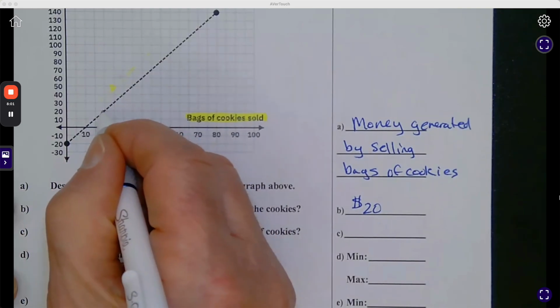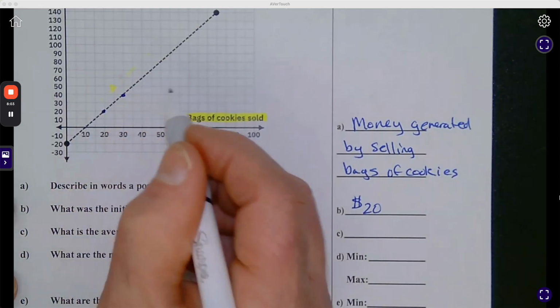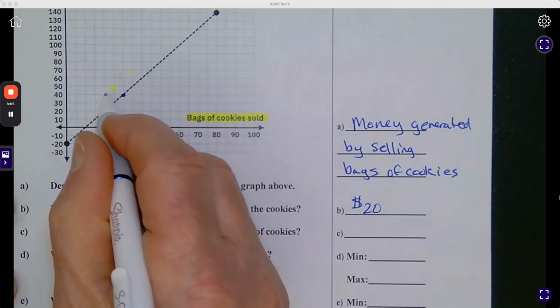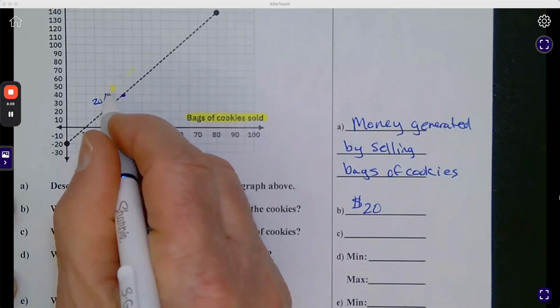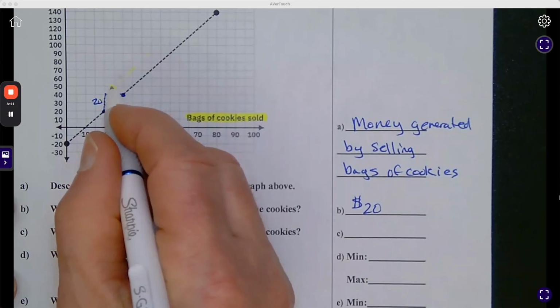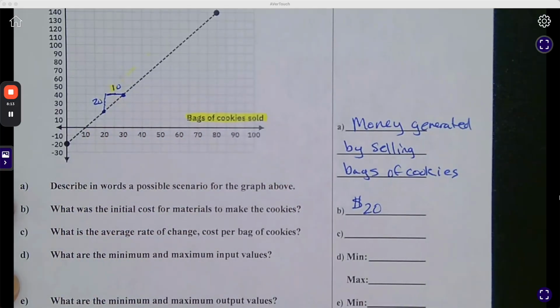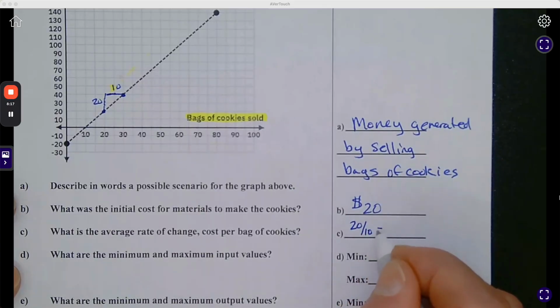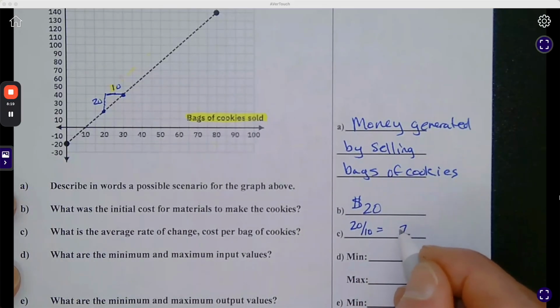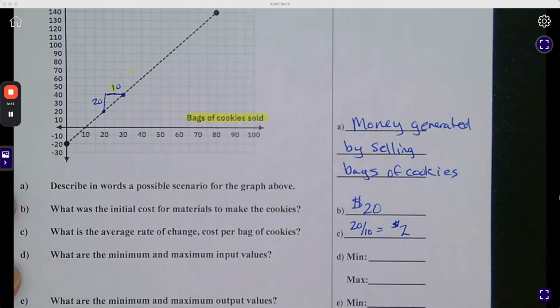You can find them, like there's one, and there's one. So I go up 10, 20, and over 5, 10. So it's 20 over 10. And that reduces to 2. And remember, we're talking about dollars.